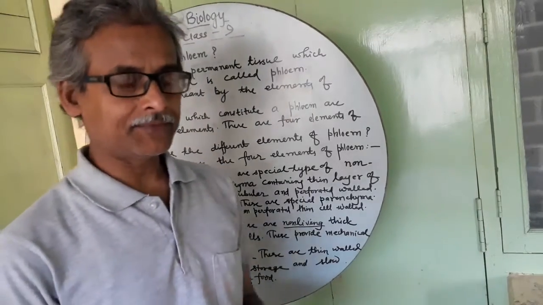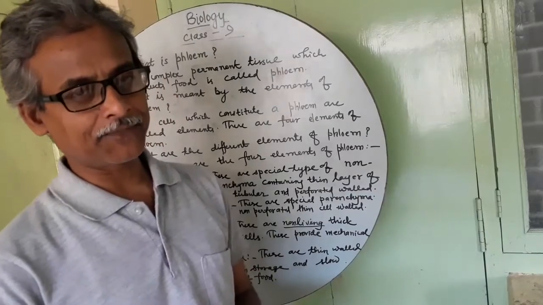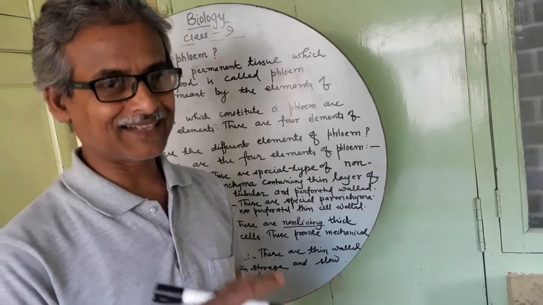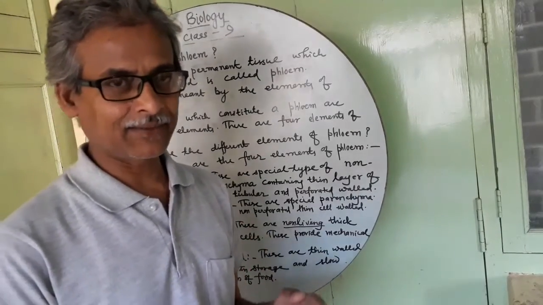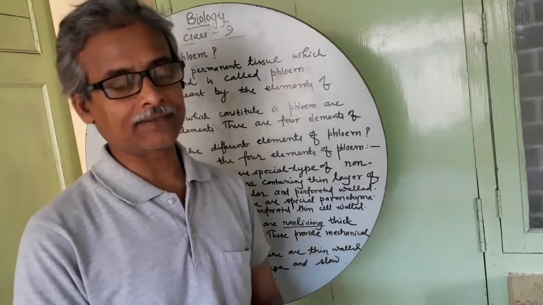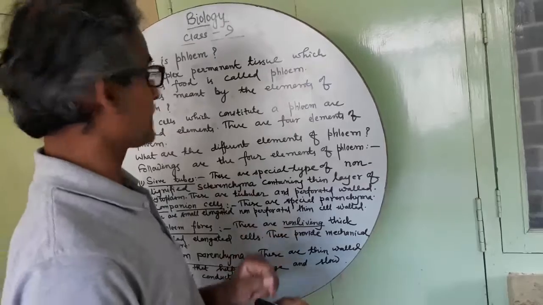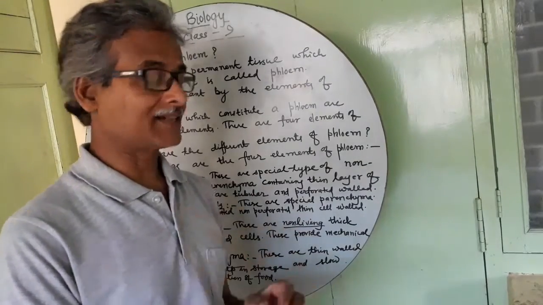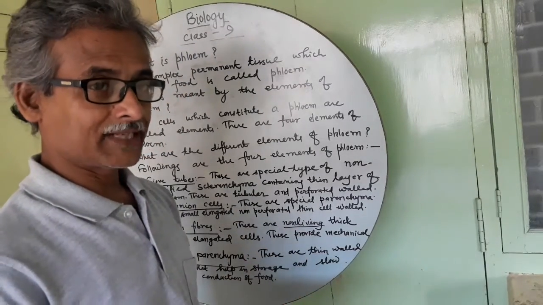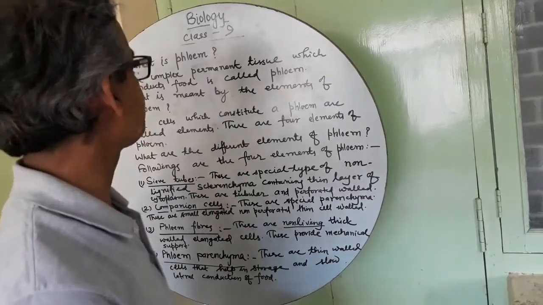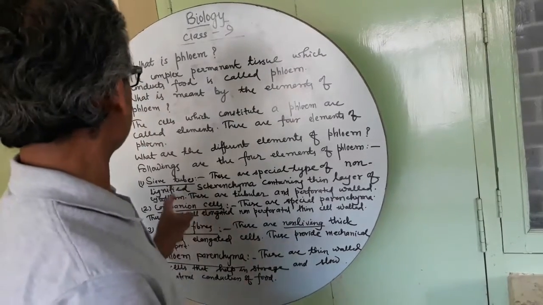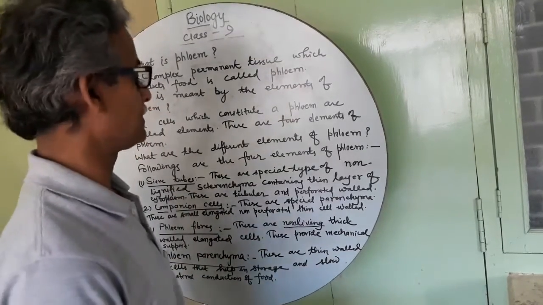Actually, when we have studied about the sclerenchyma, we studied that these have lignified cell wall. But it is a special type of sclerenchyma whose cell wall is not lignified. So it is written here non-lignified sclerenchyma.